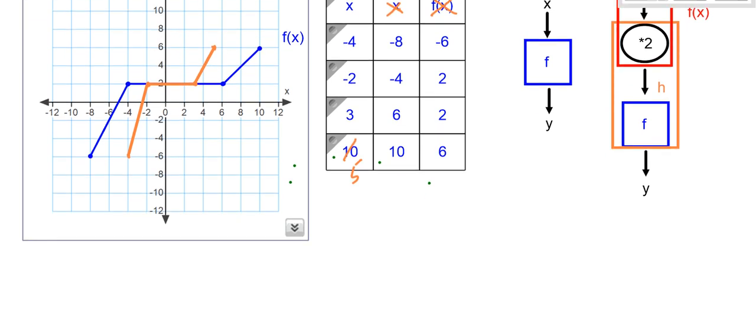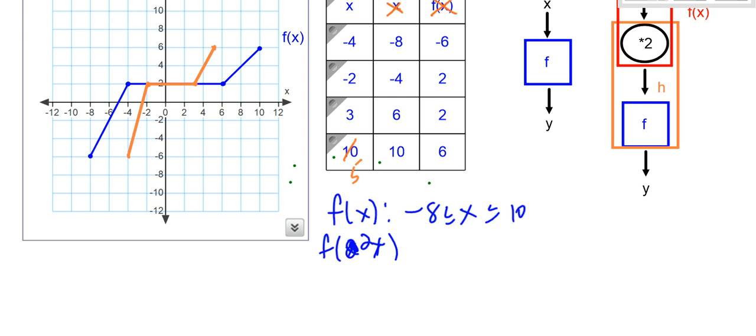Okay, so let's think about the domain. Again, if I think about the domain of f of x, the x values had to be between -8 and 10. Now, h of x, which is f of x times 2, f of 2x, then 2x is what needs to be between -8 and 10.